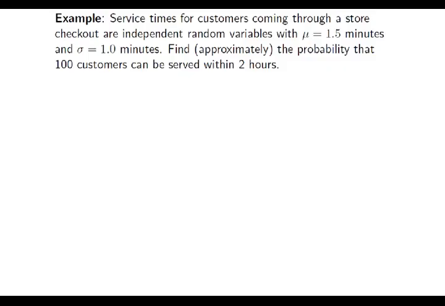Here, xi is the service time for customer i. So we have 100 customers, we have 100 xi's, with i changing from 1 to 100. For each of these xi's, we already have expectations and variance.